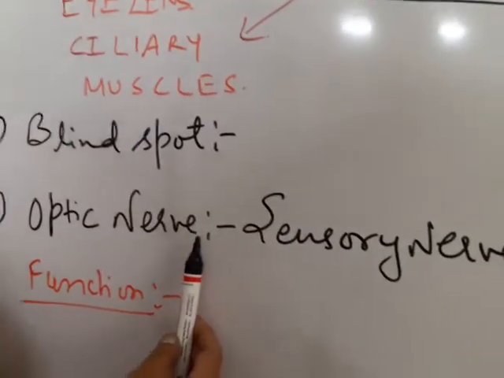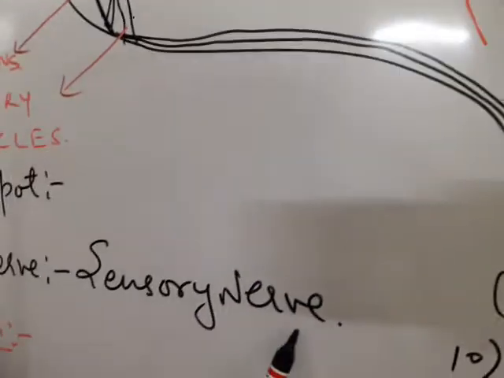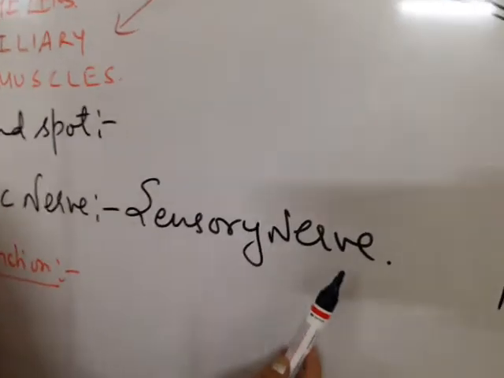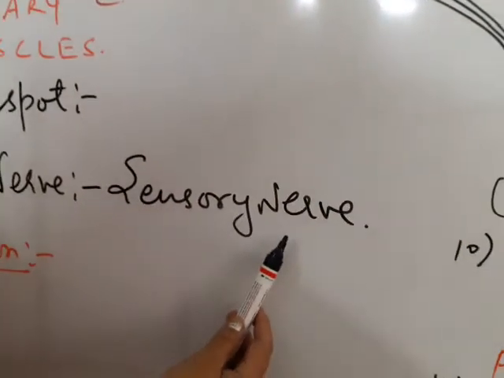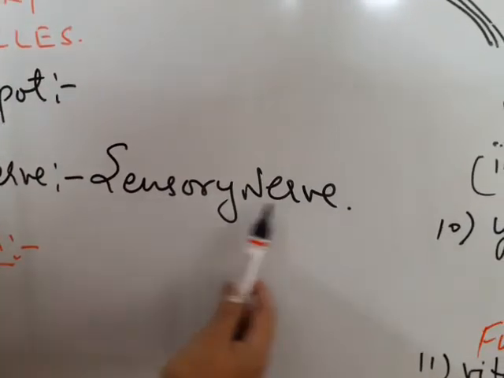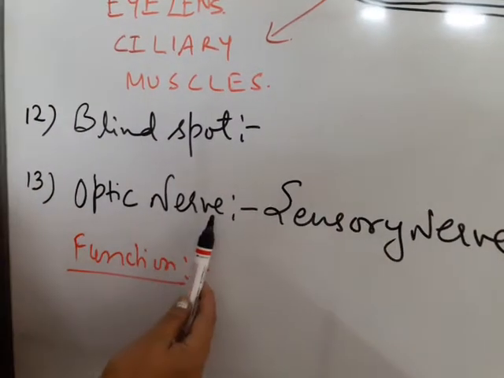13th is optic nerve. Optic nerve, as you all know, is a sensory nerve, because the eye is a sense organ. So it takes the message from the eye to the brain through this sensory nerve, which is called the optic nerve.